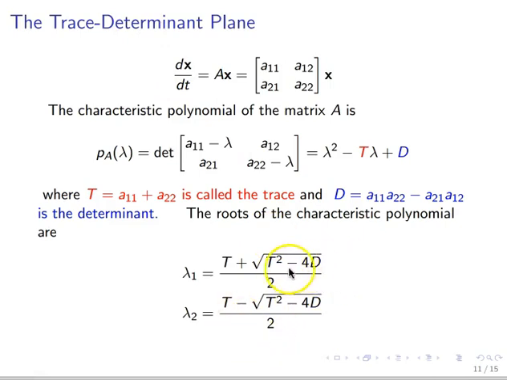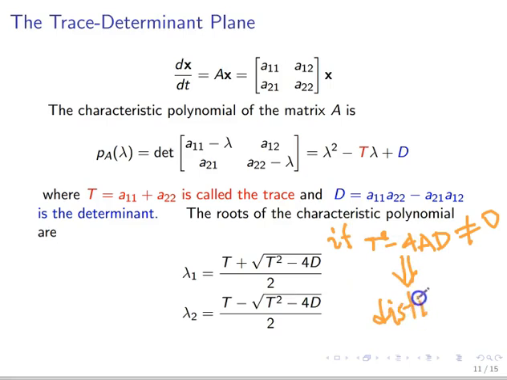They are going to be distinct, or not equal to each other, provided that t squared minus 4d is different from 0. So we can say if t squared minus 4d is different from 0, then we have distinct eigenvalues.